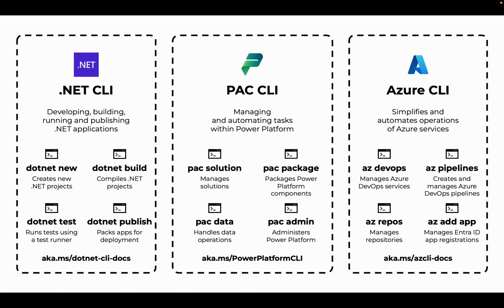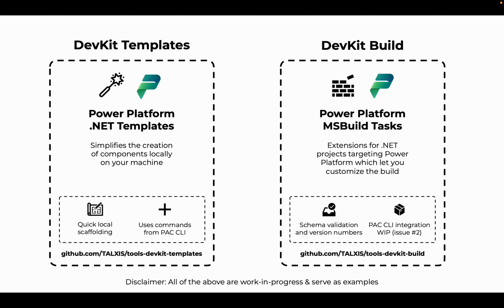We also leverage PackCLI, which is a first-party native experience for working with Power Platform artifacts on your local machine or in a pipeline. If you're running Power Platform build tasks in Azure DevOps, they're also using PackCLI under the hood. And it's also useful to combine it with Azure CLI if you're working with Azure DevOps, because there are extensions which can automate some work with Azure DevOps.